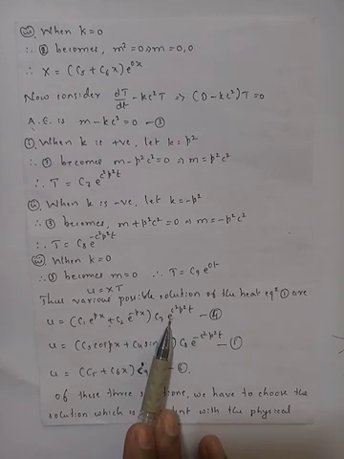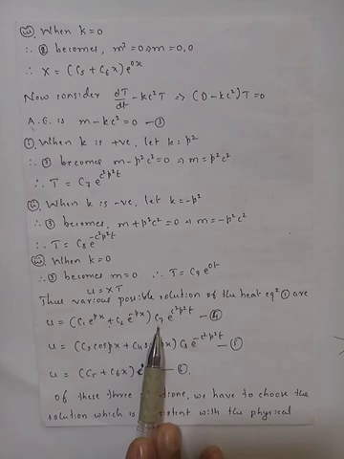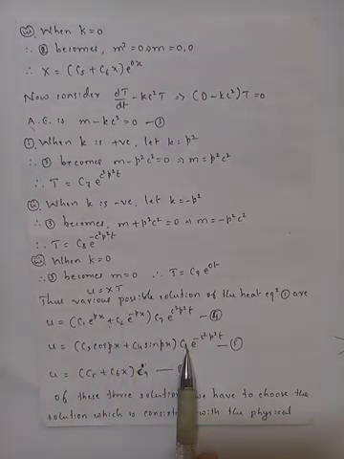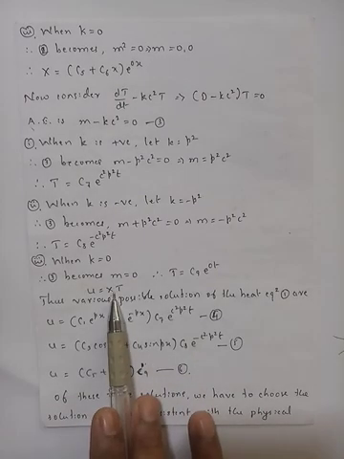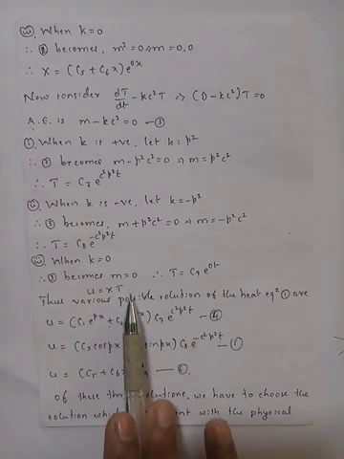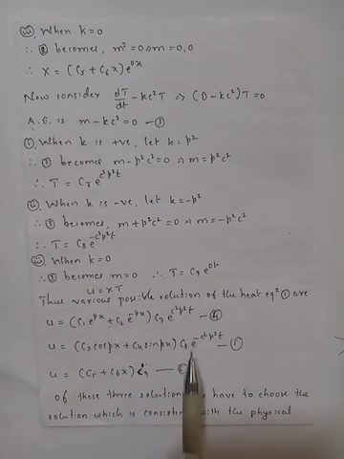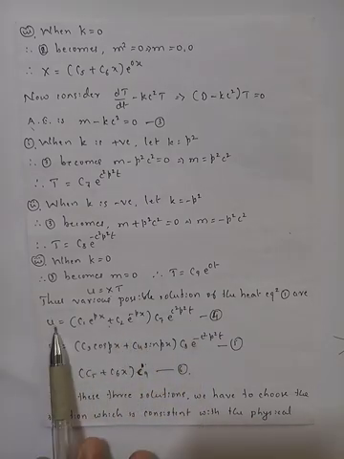This is the value of t, this is the value of x. This is one solution. When k is negative, the value of x is here, the value of t is here. When k equal to 0, this is the x value, this is the t value. Likewise, for three different cases we got three different solutions of u.